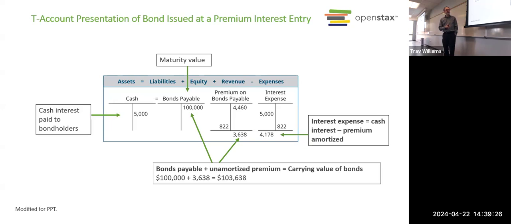A lot of moving parts when you're dealing with bonds. Does anybody have any question here on this slide? The ledger, the impact on the accounting equation? We see cash going down because we paid out cash. The liability we have is the bonds payable. And the premium and the interest expense influence our equity.